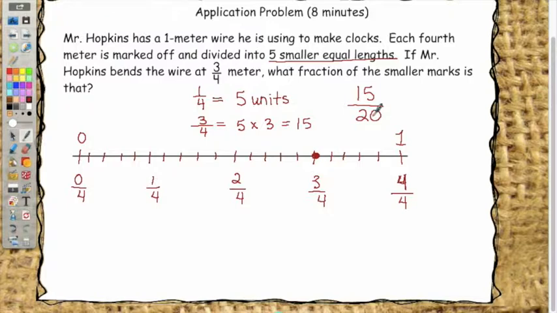But why do I need to put the 20 on there at all? Because it's a fraction. To make a fraction, I need a denominator. What does the denominator tell us, boys and girls? The number of equal parts. Do I have 20 equal parts?